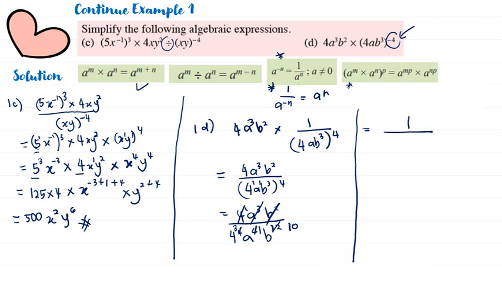Since we cancel everything, it becomes 1, not 0. 1 over 4 power of 3, A power of 1, and B power of 10. Then we solve 4 to the power of 3, we will get the answer as 1 over 64. A, you don't have to write a power of 1, and B power of 10. So this is the final answer.